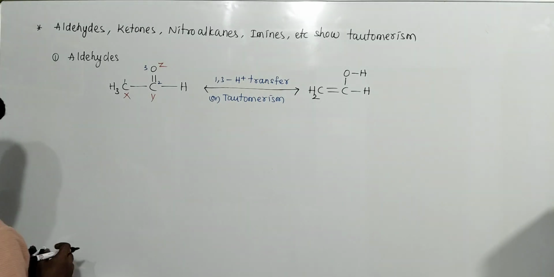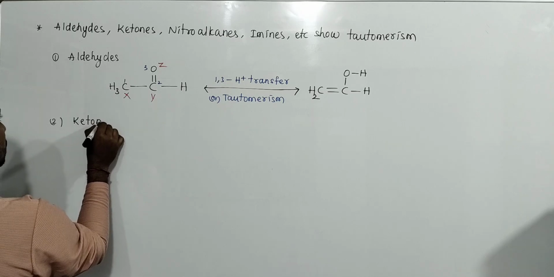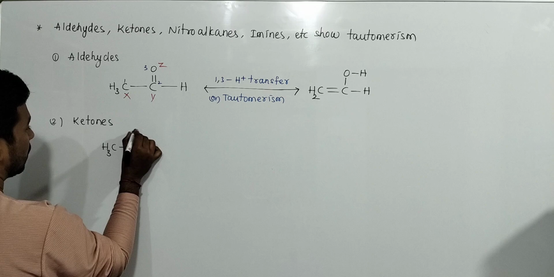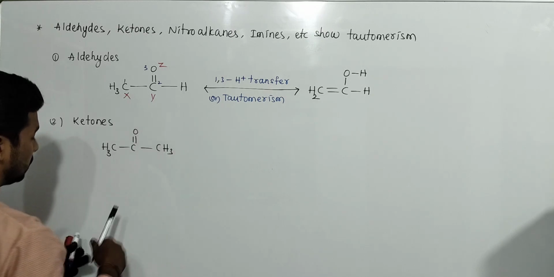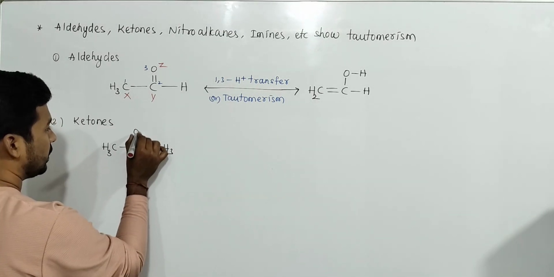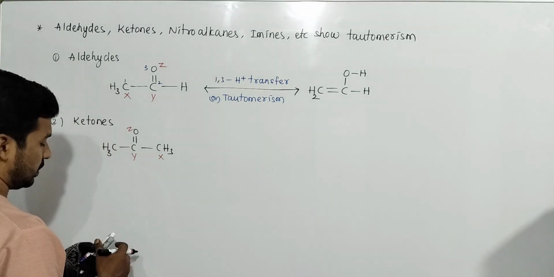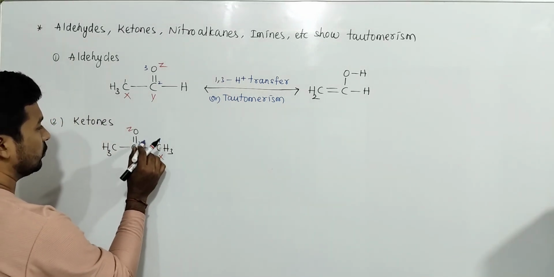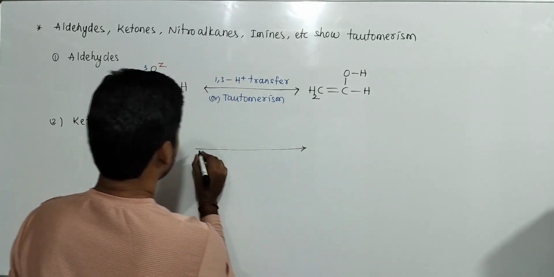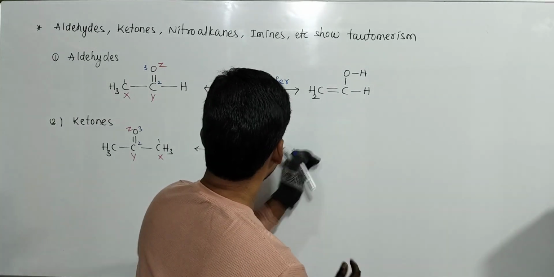Next, taking the second example, ketones. For ketones, I will take the example acetone, CH3, C double bond O, CH3. So this molecule is in the form of XYZ. XYZ or not? Yes. Here there is transfer of proton from first position to third position.